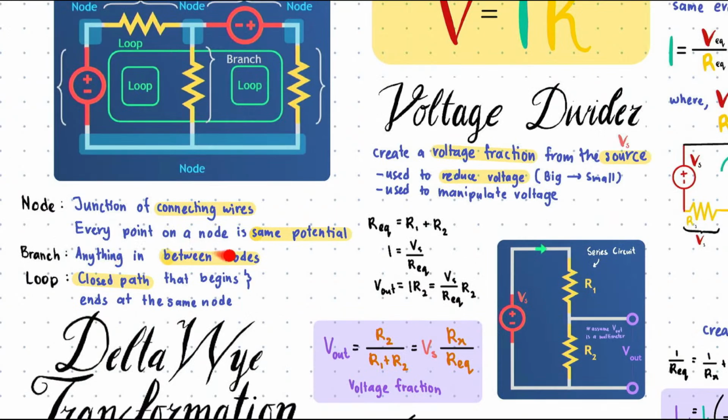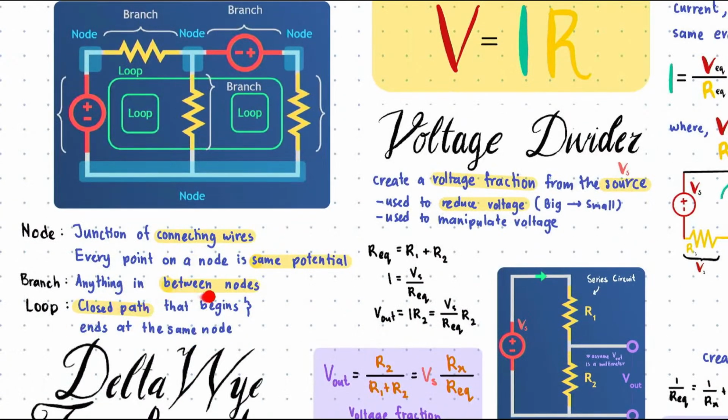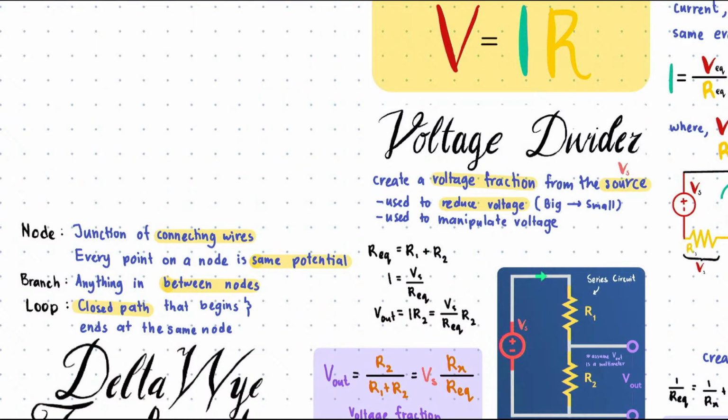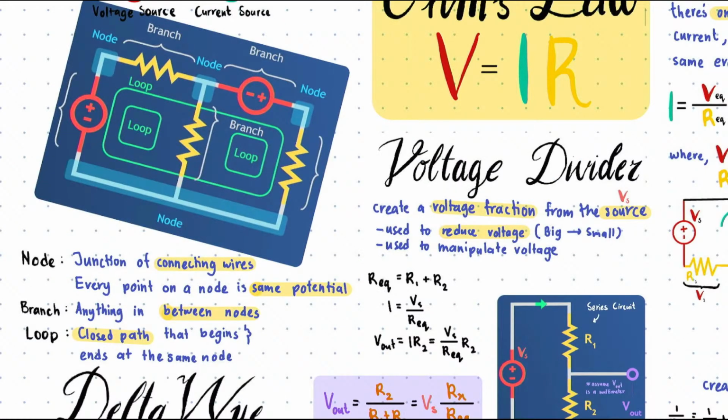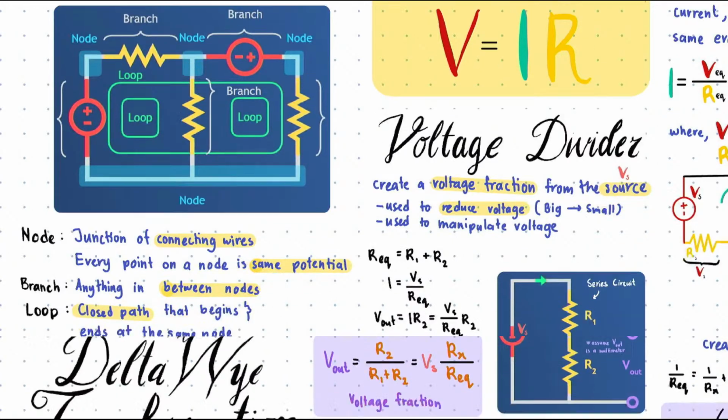A branch is anything between the nodes. So this is a branch, this is a branch, this is a branch. A loop is a closed path that begins and ends at the same node. So, oh my god. Okay. So this square is a loop. This square big rectangle is a loop. So that is a loop.